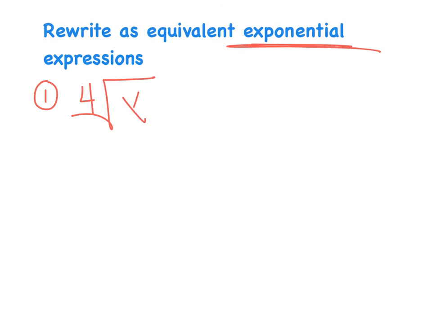All right, our next little section is rewrite as equivalent exponential expressions. So highlight that word exponential. We now have to have an exponent in our answer. So if I said the fourth root of x, okay, I now know I have to rewrite that as x to the what power? Well, remember, roots go in the denominator. So I'm going to say that's x to the what over 4?